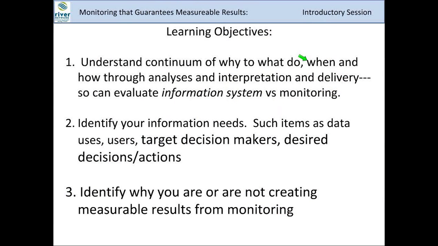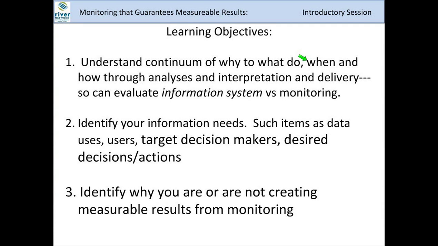So what we're going to do today in this webinar is I'm going to try to portray and have you understand this continuum of why we do what we do, and see how that drives what you actually monitor, where you monitor it, when you monitor it, the level of precision that's needed, how you turn all of that into information, and then how you evaluate what you just did.